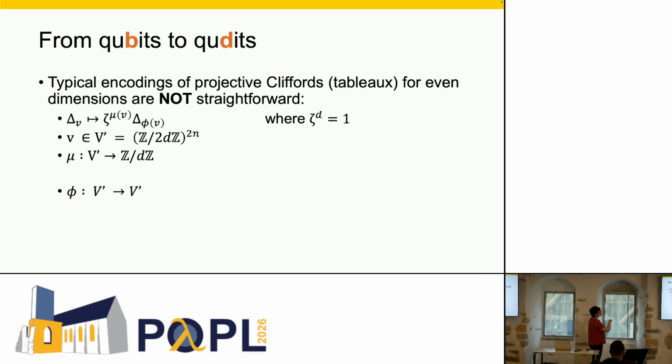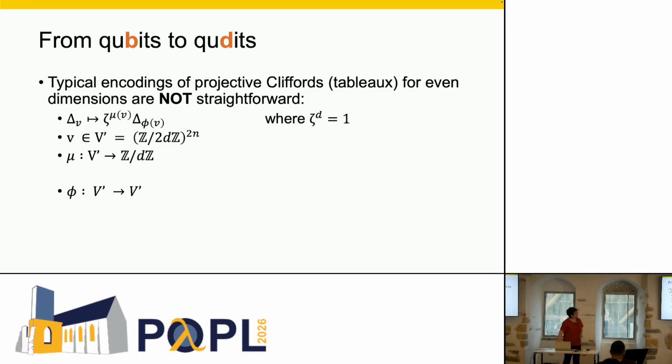So the vectors V come from some other set V prime, which are dits, but where the dimension is 2D, okay? And then mu takes that V prime to regular dits, and then phi takes V prime to V prime.